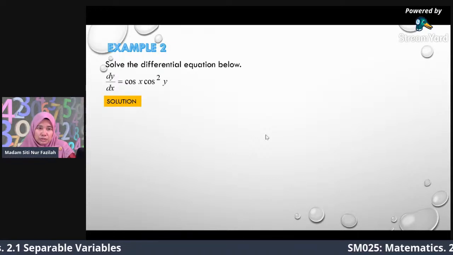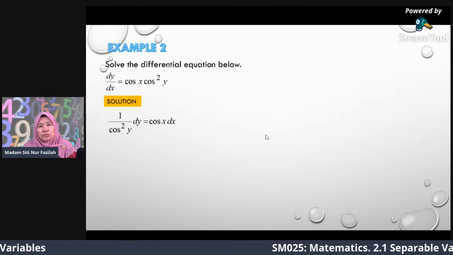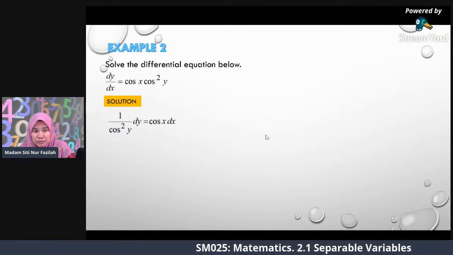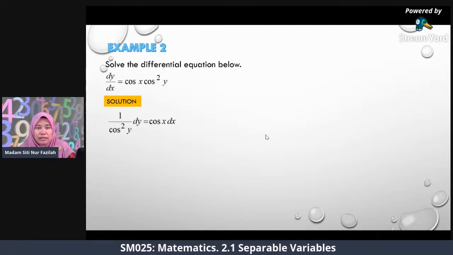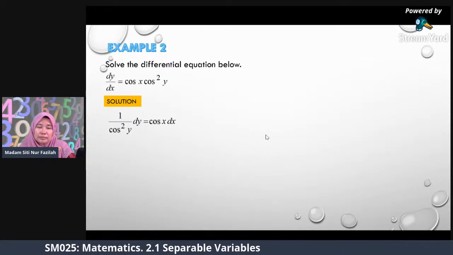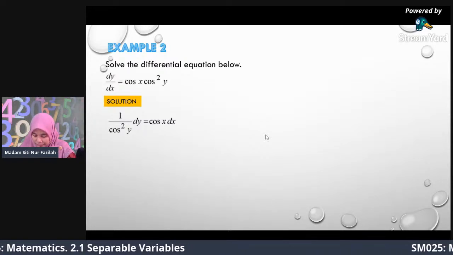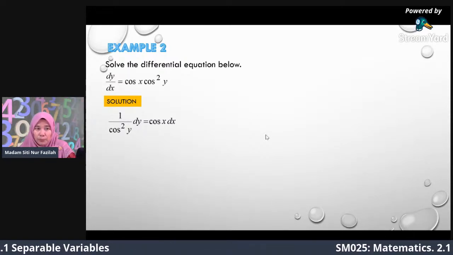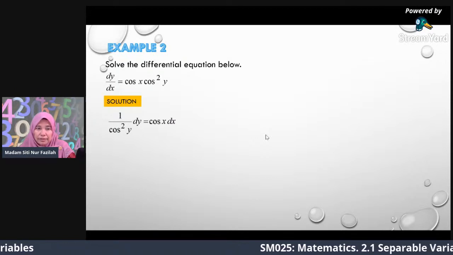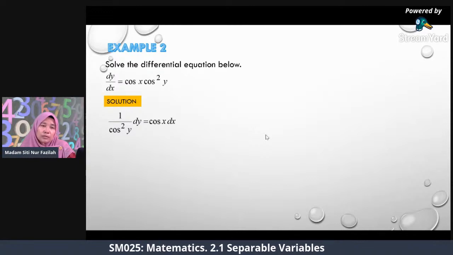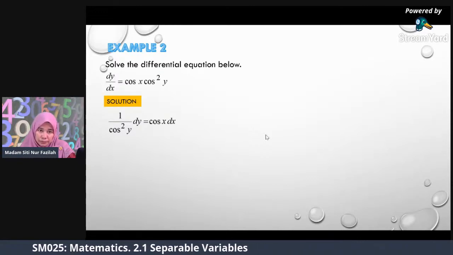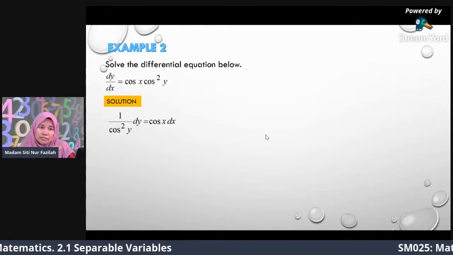We need to divide by cos squared y on both sides, and then multiply with dx on both sides. That's why we get 1 over cos squared y dy equal to cos x dx.